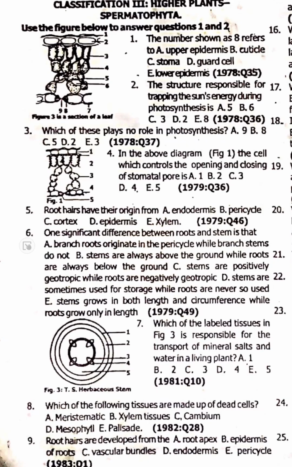Irish potato and yam are stem tubers, while sweet potato and cassava are root tubers. They ask this question more than 3 times on this chapter.